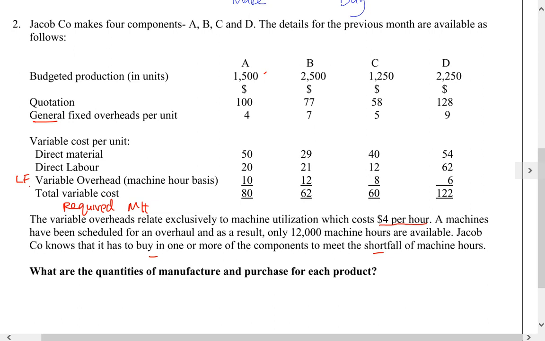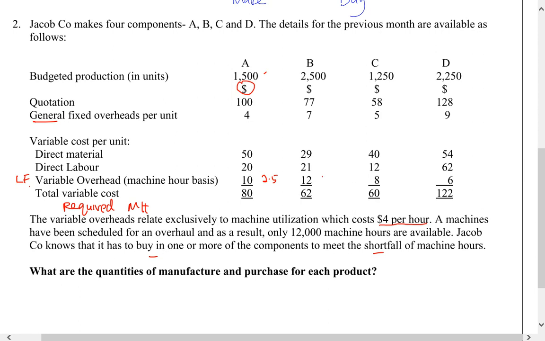Here, variable overhead is $10. Can you see the dollar sign here? It's $10. And mentioned here is $4 per hour. So how many machine hours are required? 2.5. One unit requires 2.5 hours.